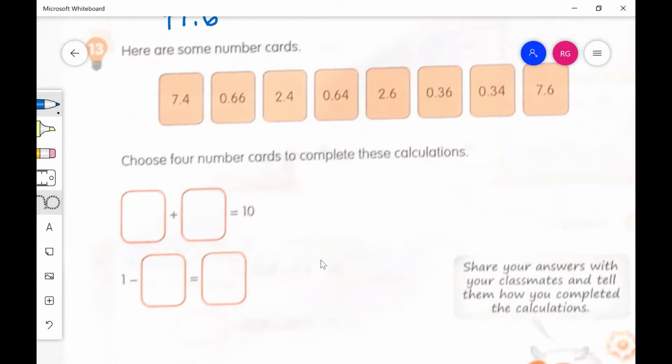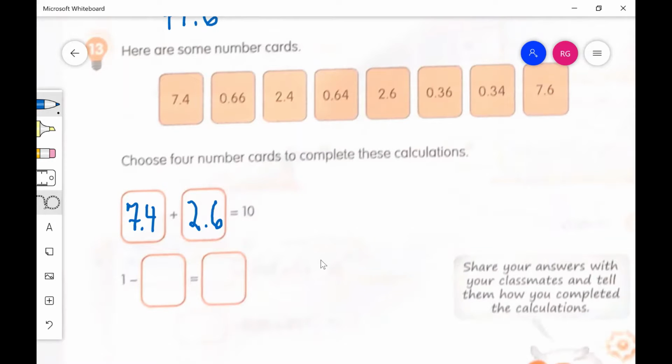How about 7.4 plus 2.6? Does that work? We took 7.4 plus 2.6. I think that'll work. There might be others in there that work, but I know that one works. Now we need to take 1 minus what equals what?